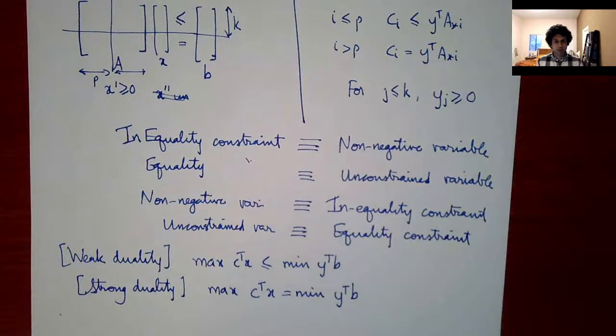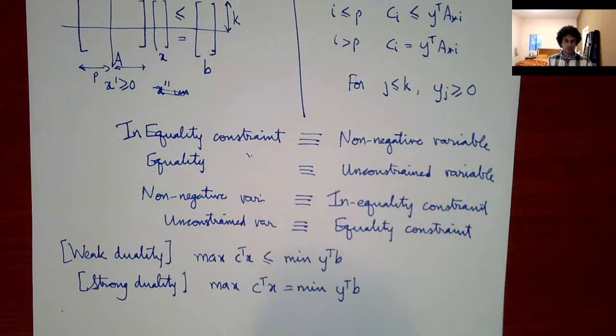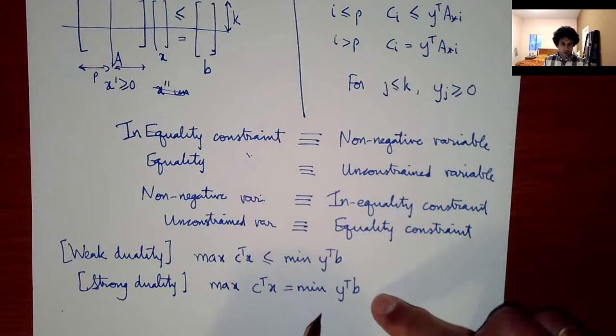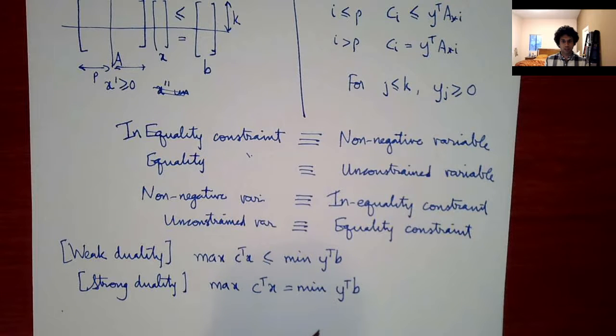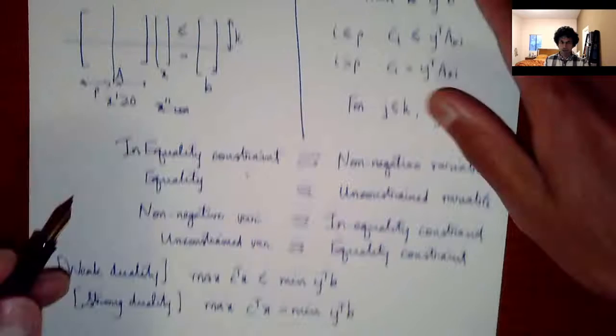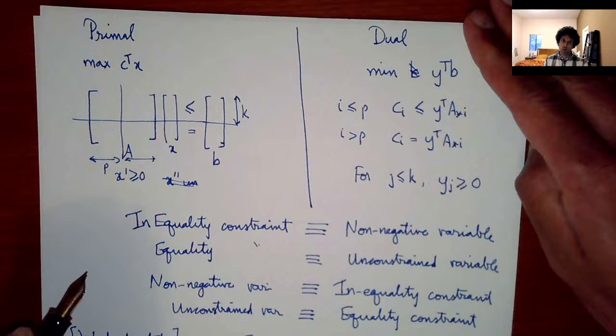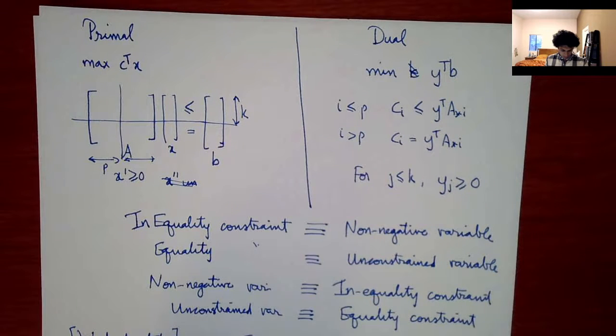And this is a fundamental fact in optimization, that the dual not only gives you an upper bound, but the best possible upper bound is the objective. So maximizing the primal and minimizing the dual are equivalent. Okay? This is duality. Okay, any questions?